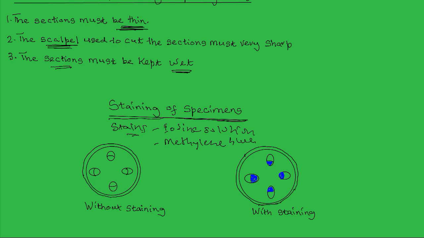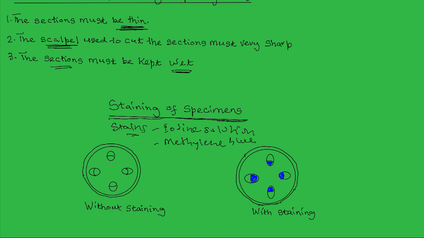Most of the stains, including these two, are selectively picked up by the plant tissue so that they selectively color different parts or constituents of the cell or tissue, thus creating contrast for clearer viewing.